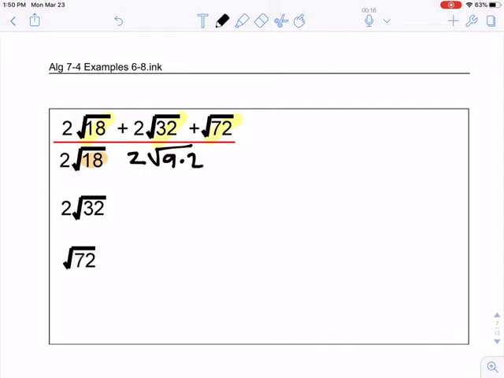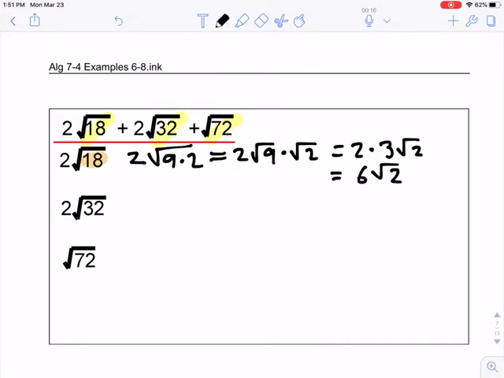So if we split that up, you get 2 times the square root of 9 times the square root of 2. Well, the square root of 9 is 3. So you have 2 times 3 times the square root of 2, which simplifies to 6 times the square root of 2.